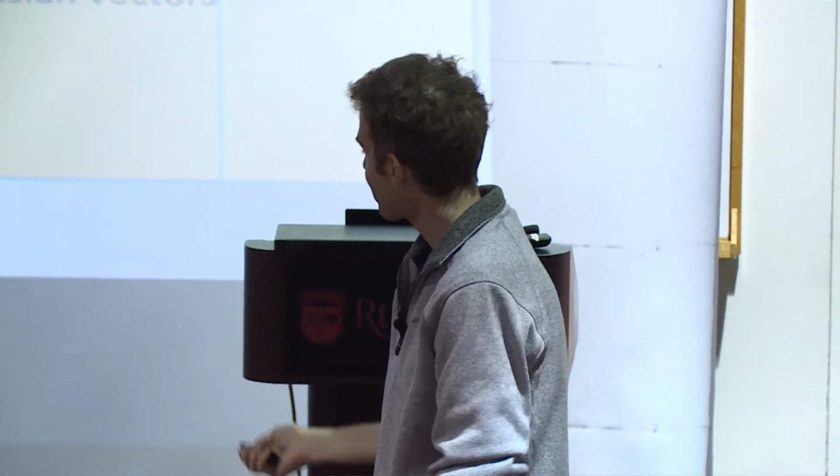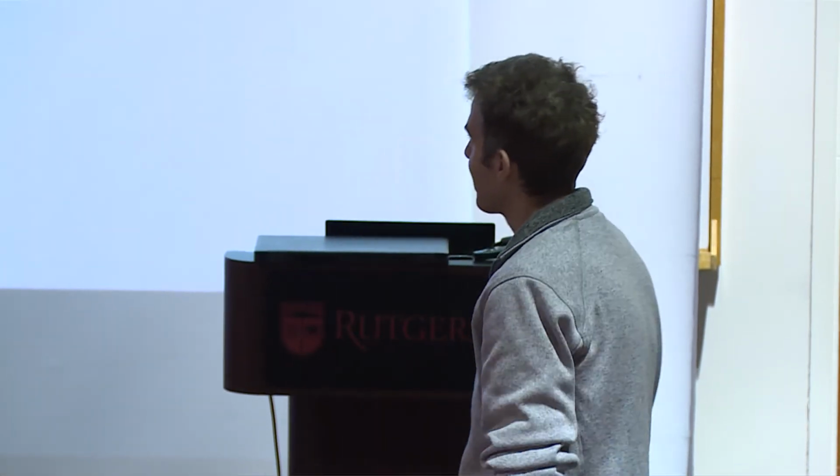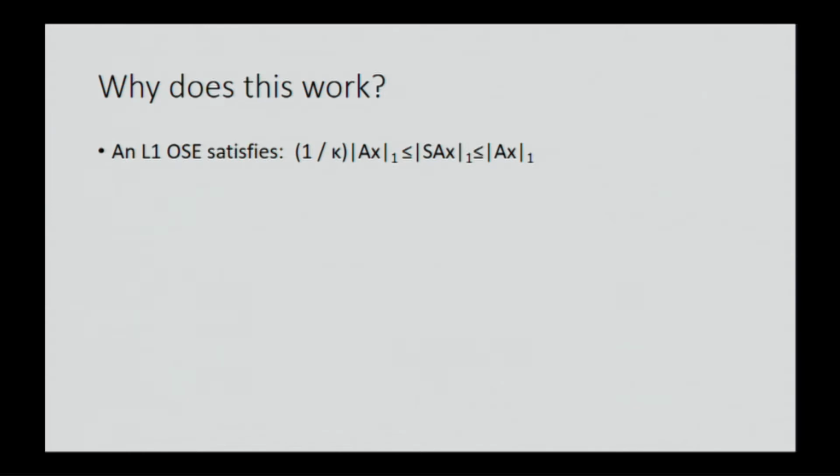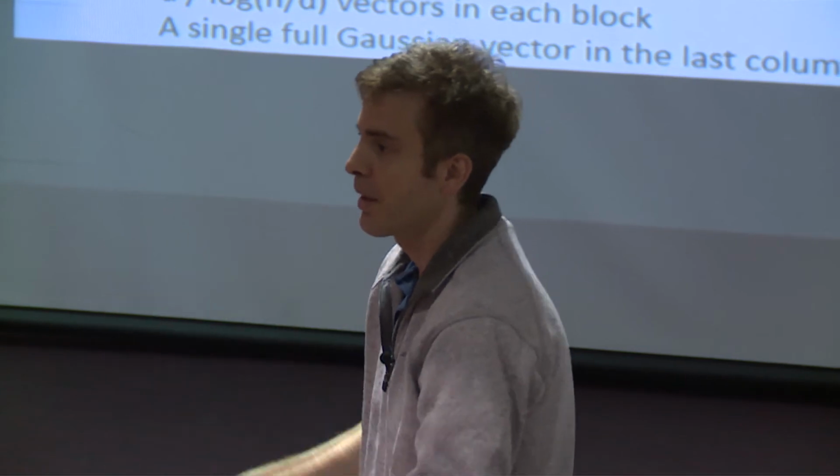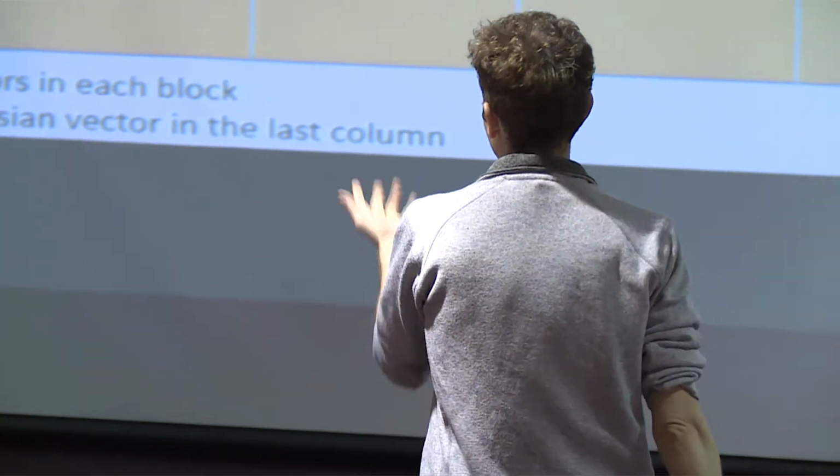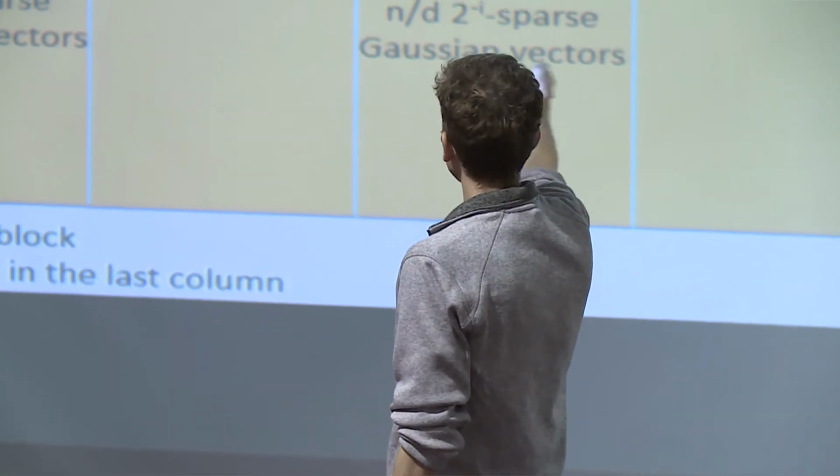Questions? Okay, so why might we want to choose this matrix? Question: the columns that don't have these sparse vectors, what are in those columns then? I have d columns, and what I have is log n over d blocks.